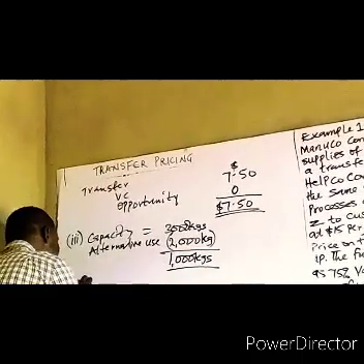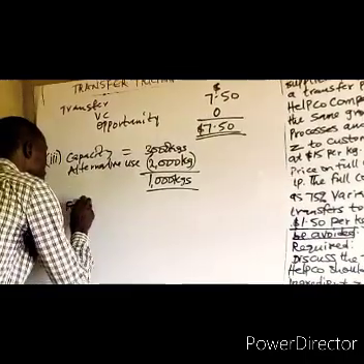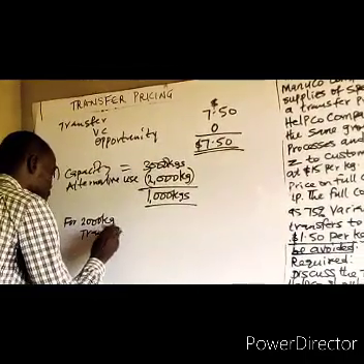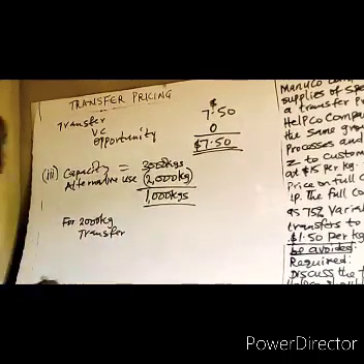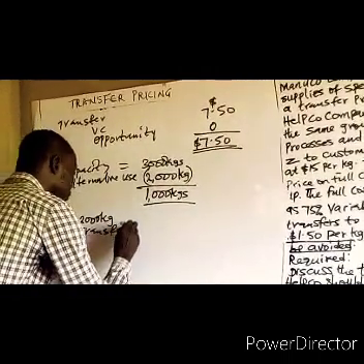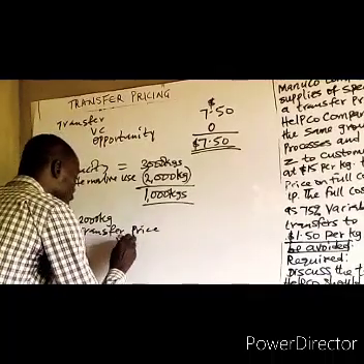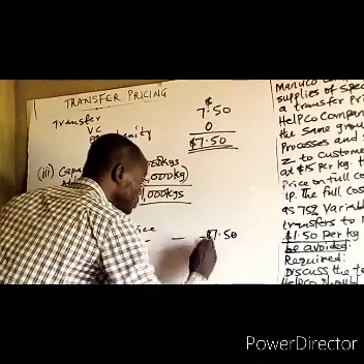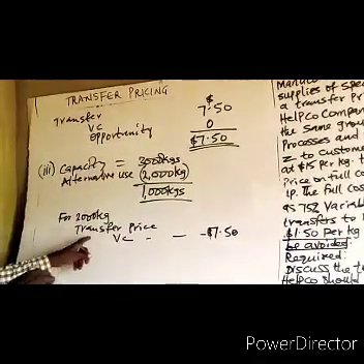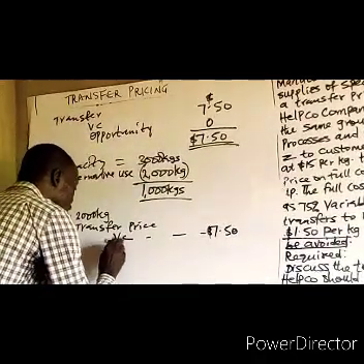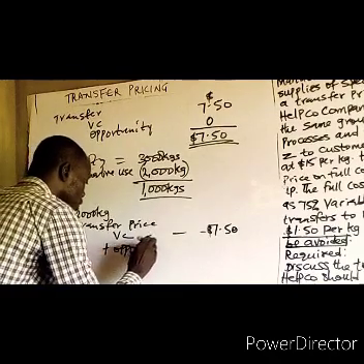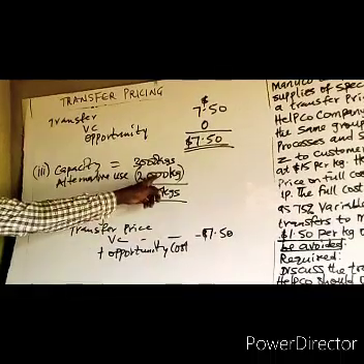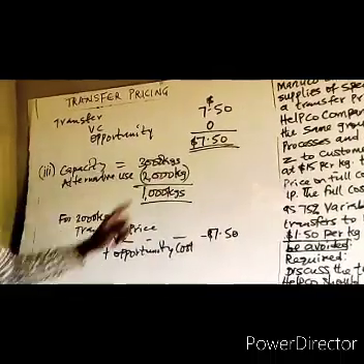So for the 2,000 kgs, if they transfer the 2,000, the transfer price is the variable cost of production, which is $7.50 per kg, plus the opportunity cost of making the transfer. If they decide to transfer this 2,000, what would they forgo?